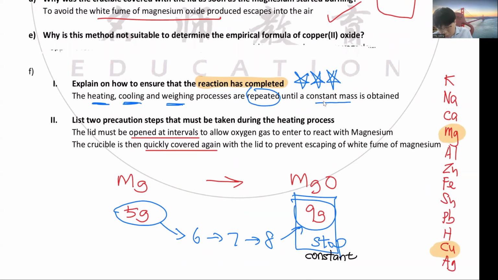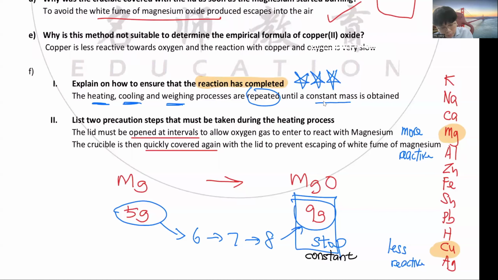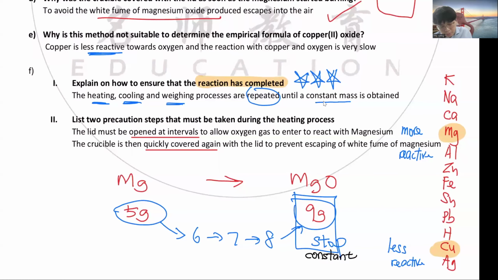Copper is a less reactive metal, and this is a more reactive metal. So this method is not suitable because the reaction with copper is very slow. This is another question they'll ask. So I will give you all the popular questions for the exam.